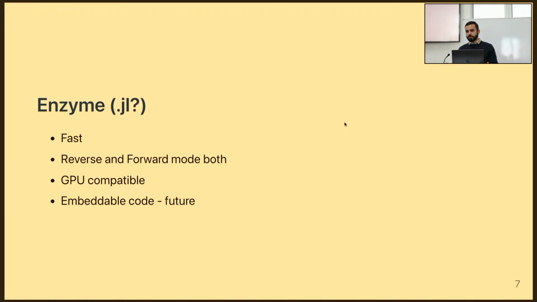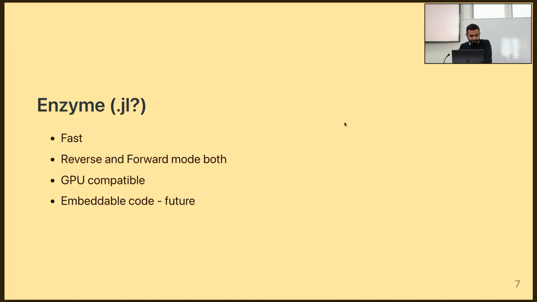If you're doing the Hessian, you want to be able to do a forward over reverse, for example. In a lot of packages which only implement one of those modes, you have to compose two different packages, and getting automatic differentiation packages to work with each other is a nightmare. So it's quite useful to have both modes implemented in one software.